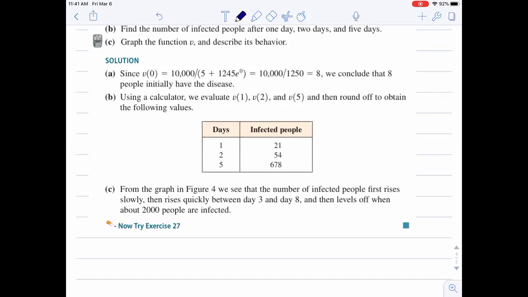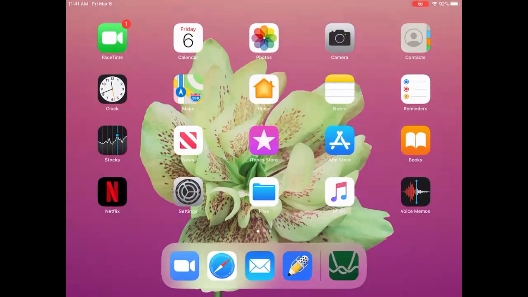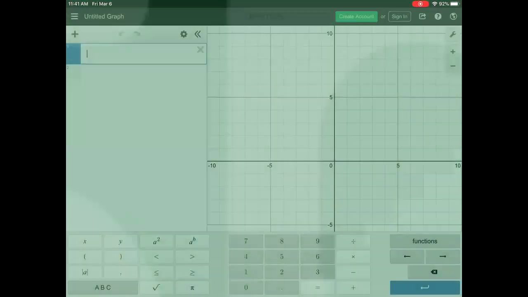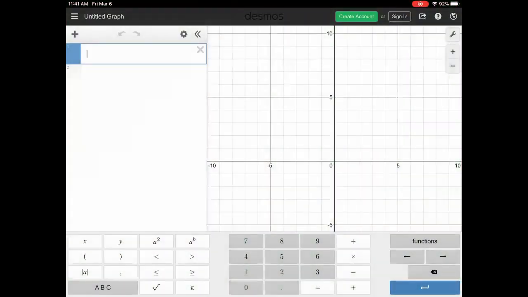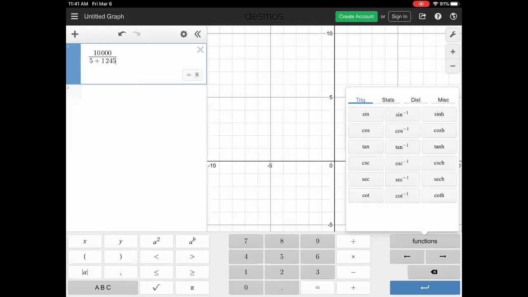It says from the graph in figure 4, we'll just make our own graph in Desmos. If we graph this, we can do 10,000 divided by 5 plus 1,245. And then for e to the power of something, you go into the functions, and I think it's in the miscellaneous.